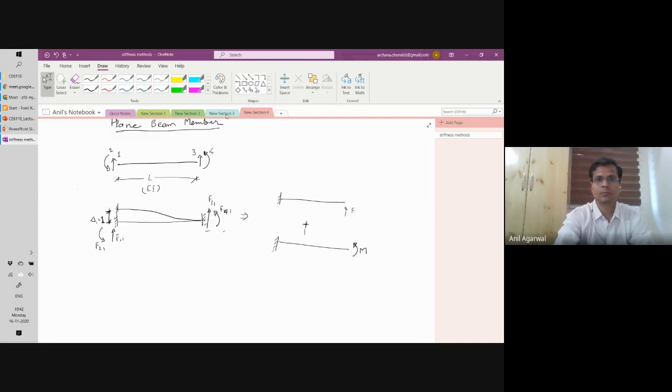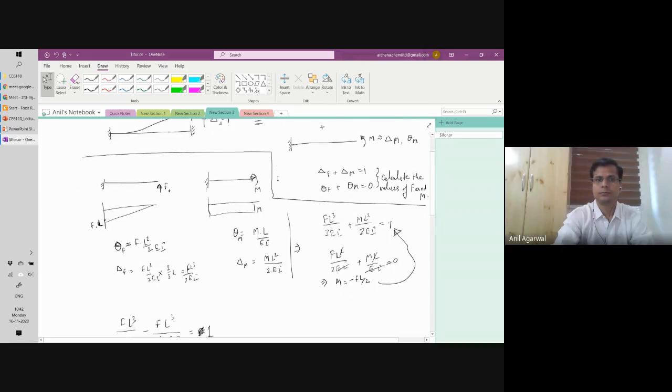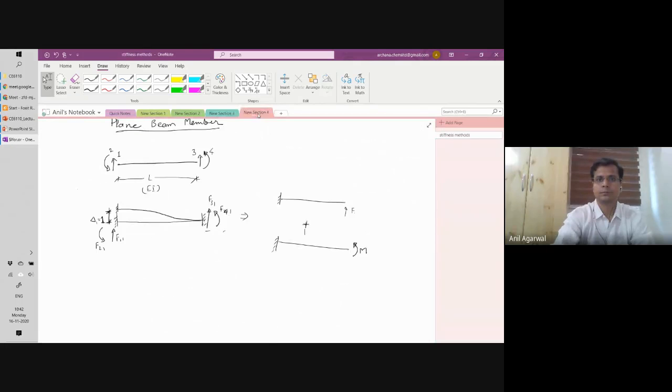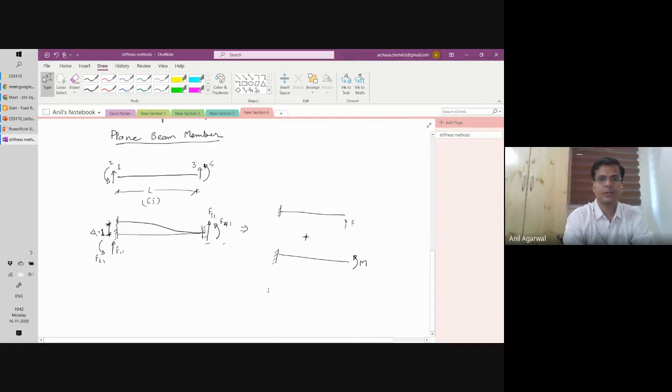One second. Okay, retracting a little bit. Let me erase this diagram.